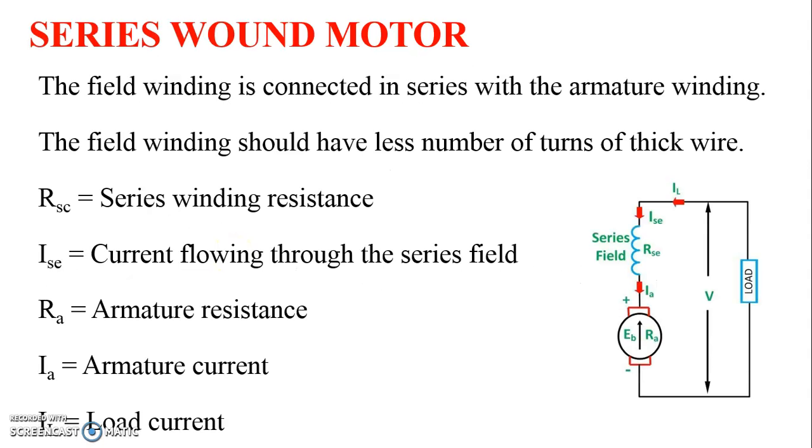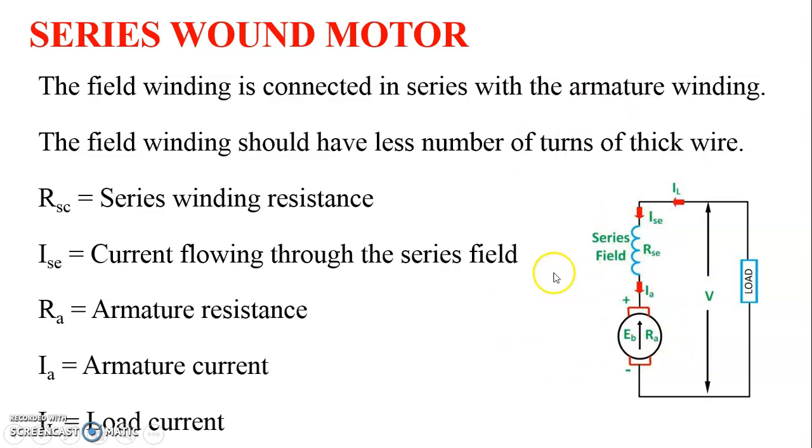So next is the series wound motor. In the case of a series wound motor, the field winding is connected in series with the armature winding. That is, the two windings are connected in a series manner. The field winding should have a small number of turns of thick wire.